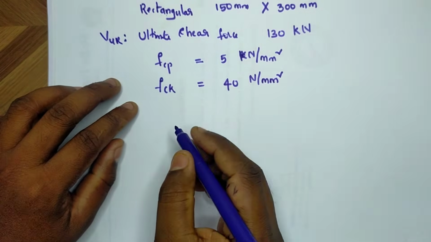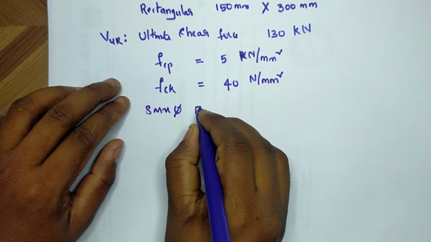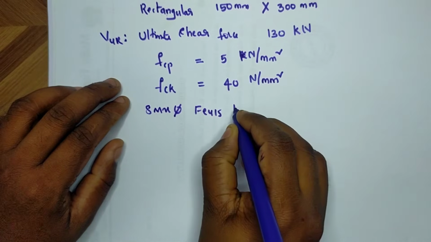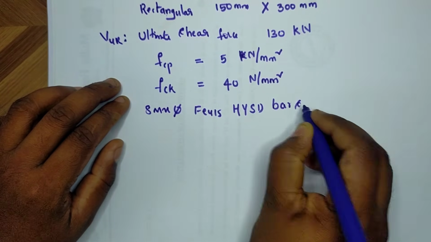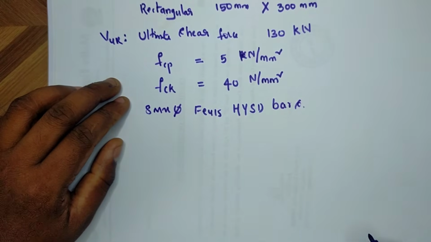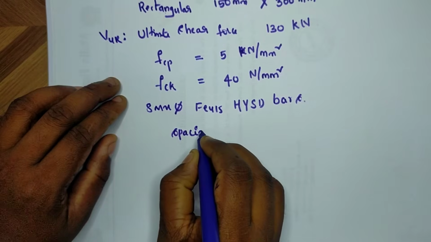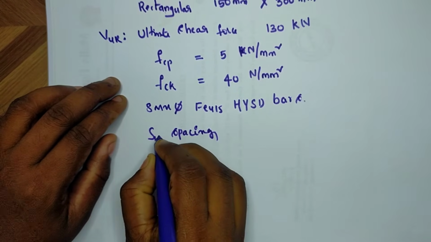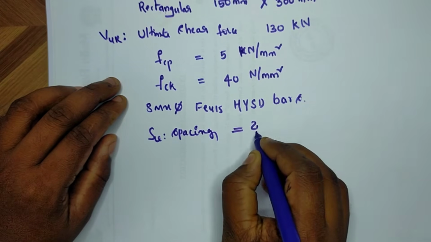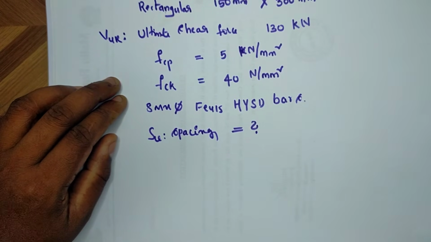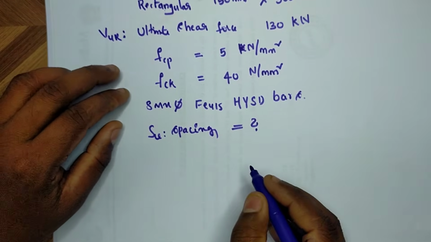They used 8 mm dia Fe415 HYSD bars as the stirrups. We need to determine the spacing, that is SV. This is the question.